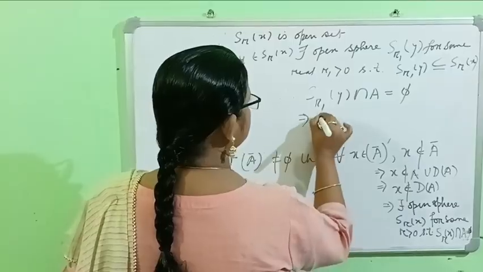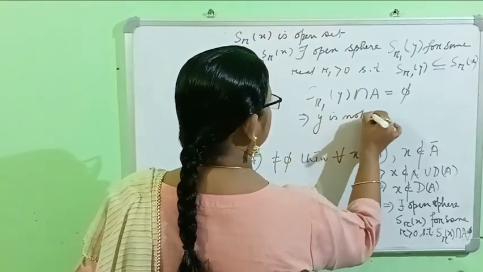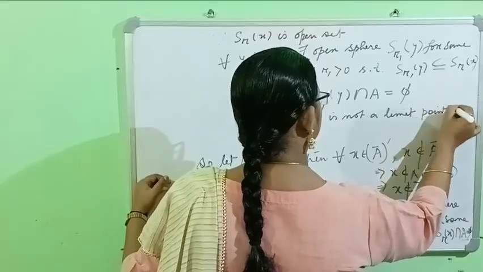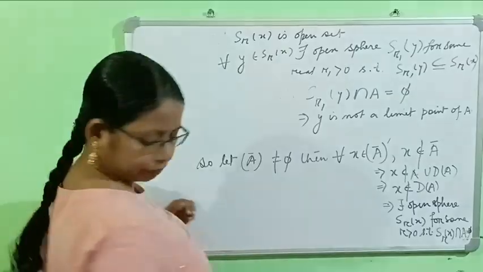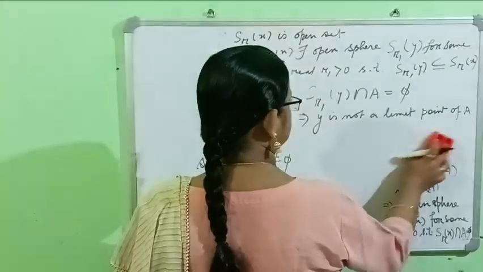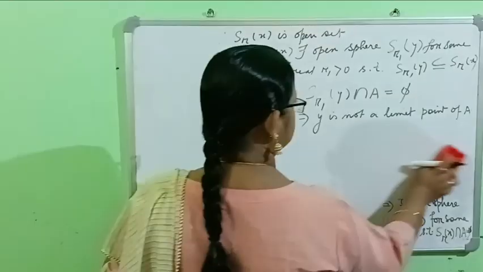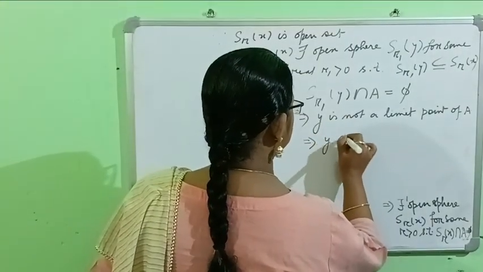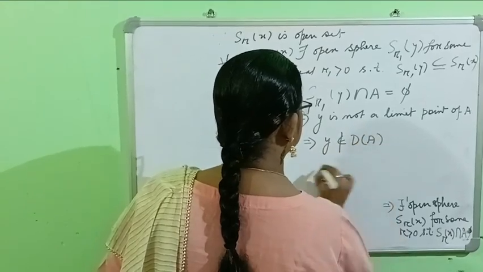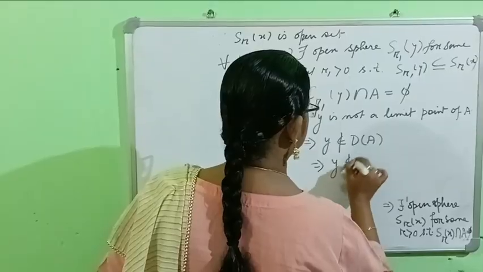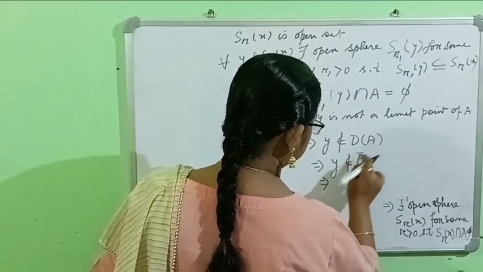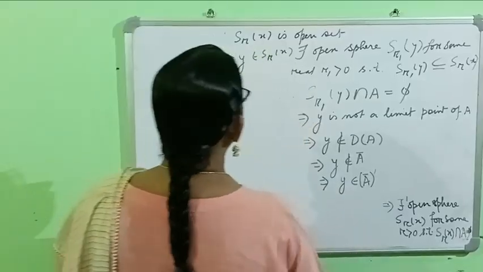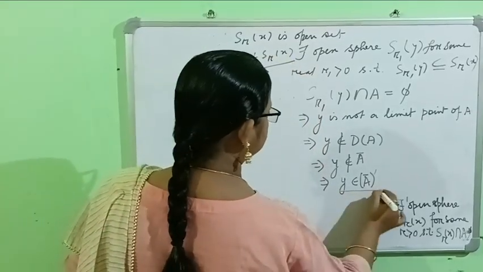This implies y is not a limit point of A, that is, y does not belong to D of A. That is, y does not belong to closure of A. So y belongs to its complement. Initially, I considered y belongs here, and I have got y belongs here.